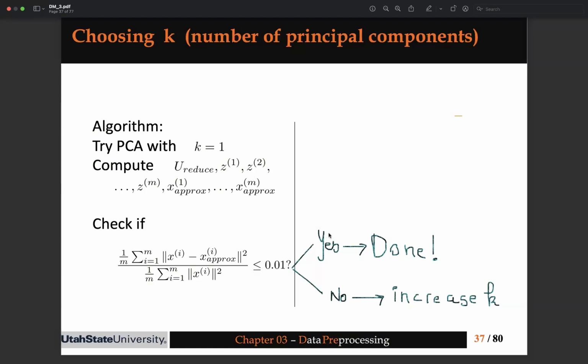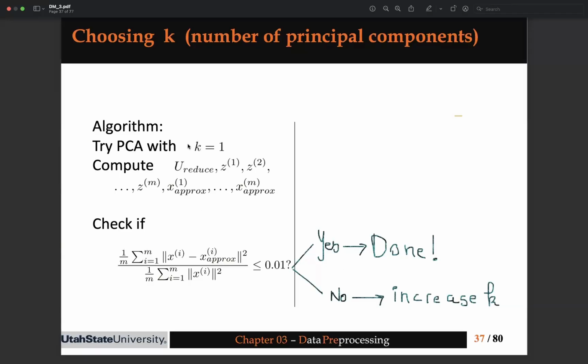If it's the case, then well, you're done. Good news, you're done. With only one principal component, you were able to keep 99% of the information in your data. If it's not the case, which is probably going to be so, because one principal component is quite a small number of vectors to project into for a very large data set, then we keep going.